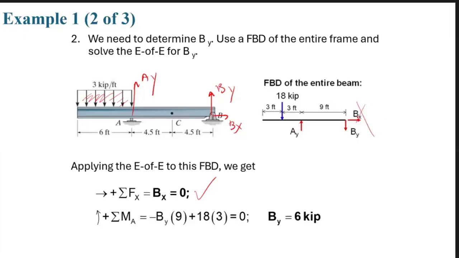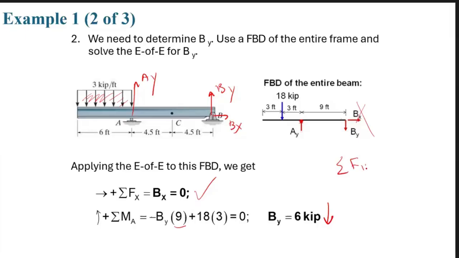Bx has no moment. The moment of By, if you see the direction of my thumb, should be into the page, so it is minus By. The distance from this up to this is 9. For the 18, 18 times 3, we find By equals 6 kilopound. It is positive, meaning the direction we assumed is correct; it should be downward.